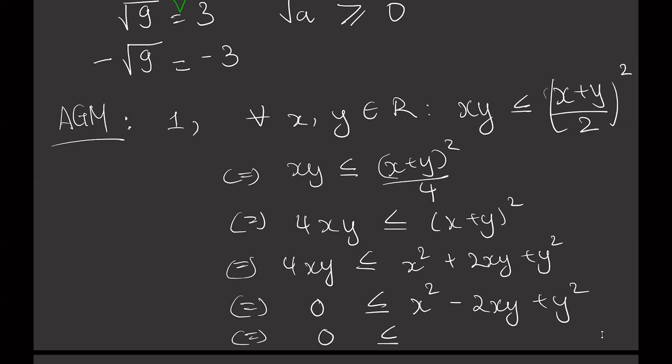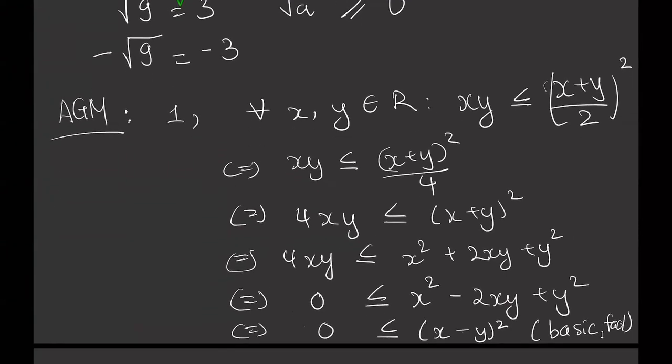And when I see something with a square, then one without the square, just to the power of 1, and a square again, I think about completing the square. So that's what we have here. And (x minus y) squared is greater than or equal to 0. This is true by the basic fact that we just mentioned: everything squared is greater than or equal to 0. So that's why we get this AGM.